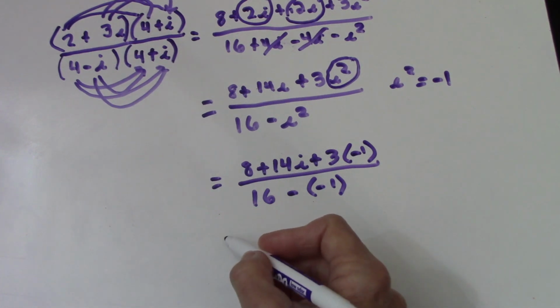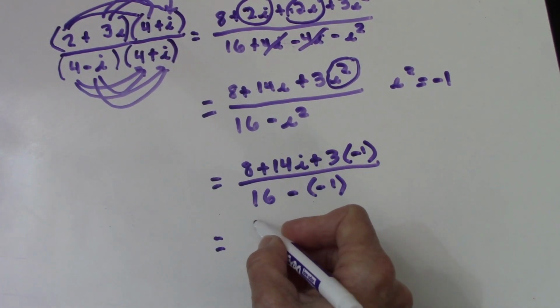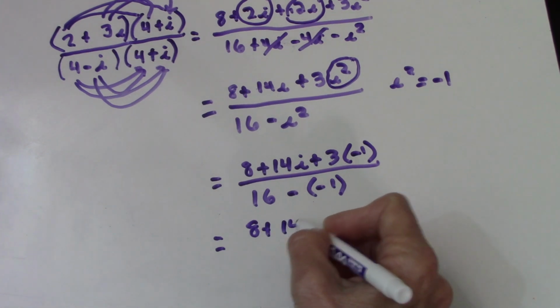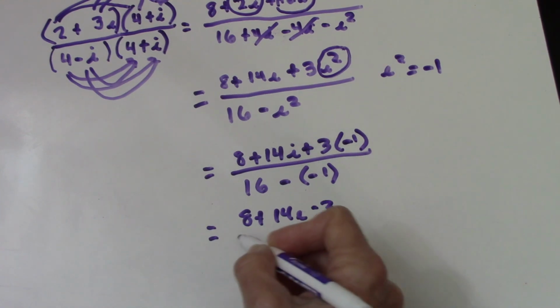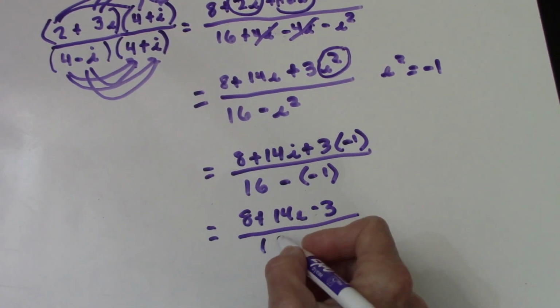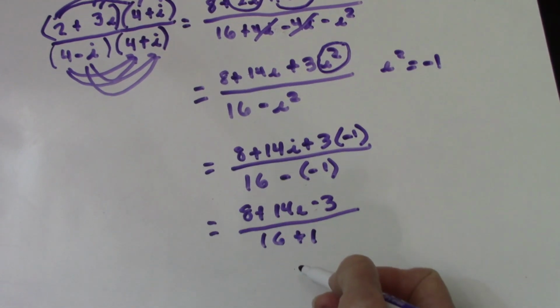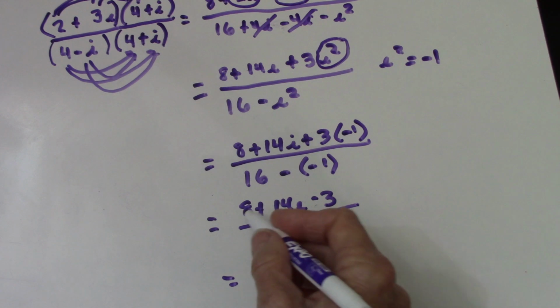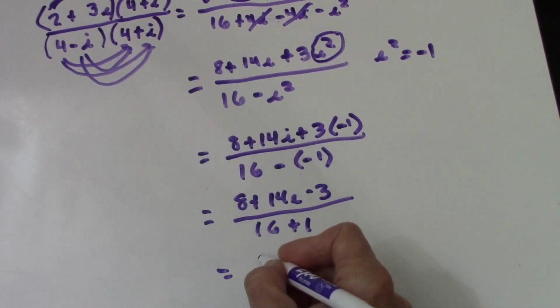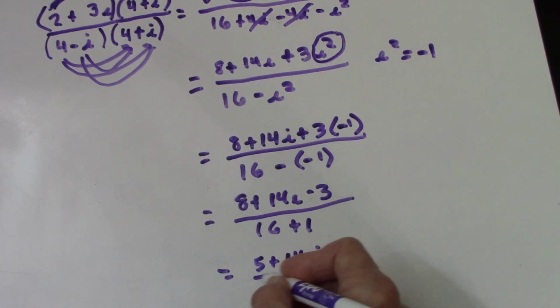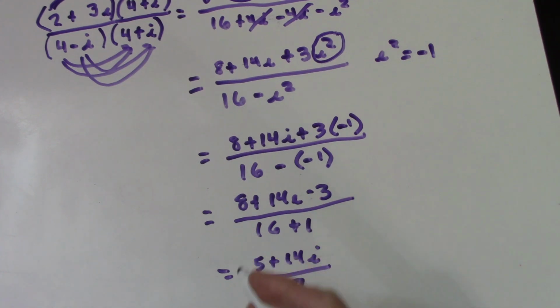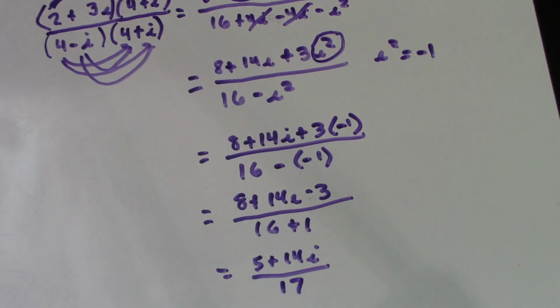So the numerator is 8 plus 14i minus 3 over 16 plus 1. So this will give me, for my final answer, 8 minus 3 gives me 5 plus 14i over 17.